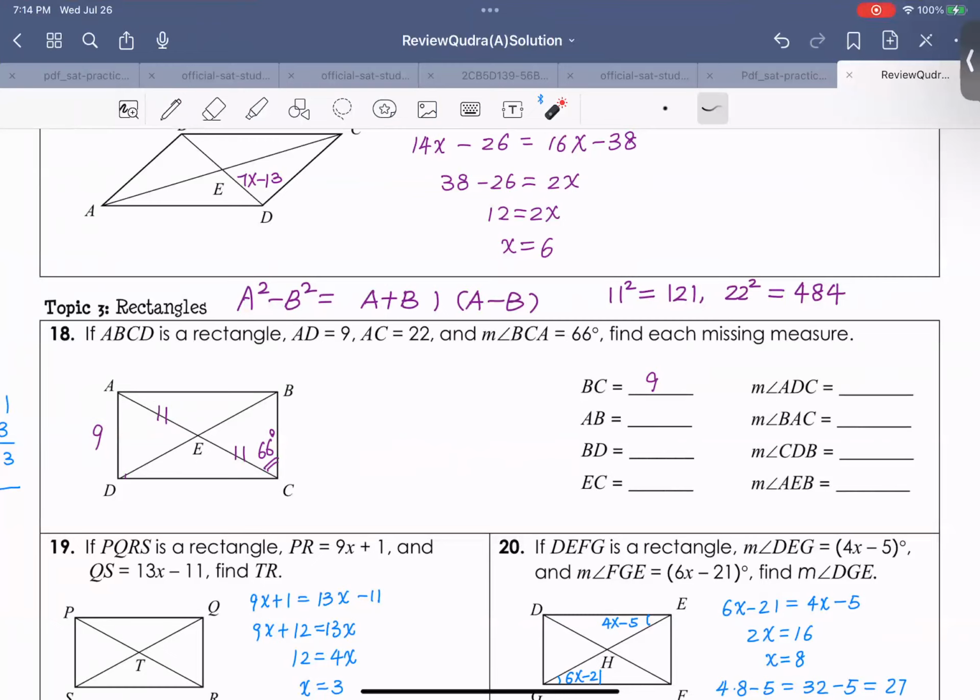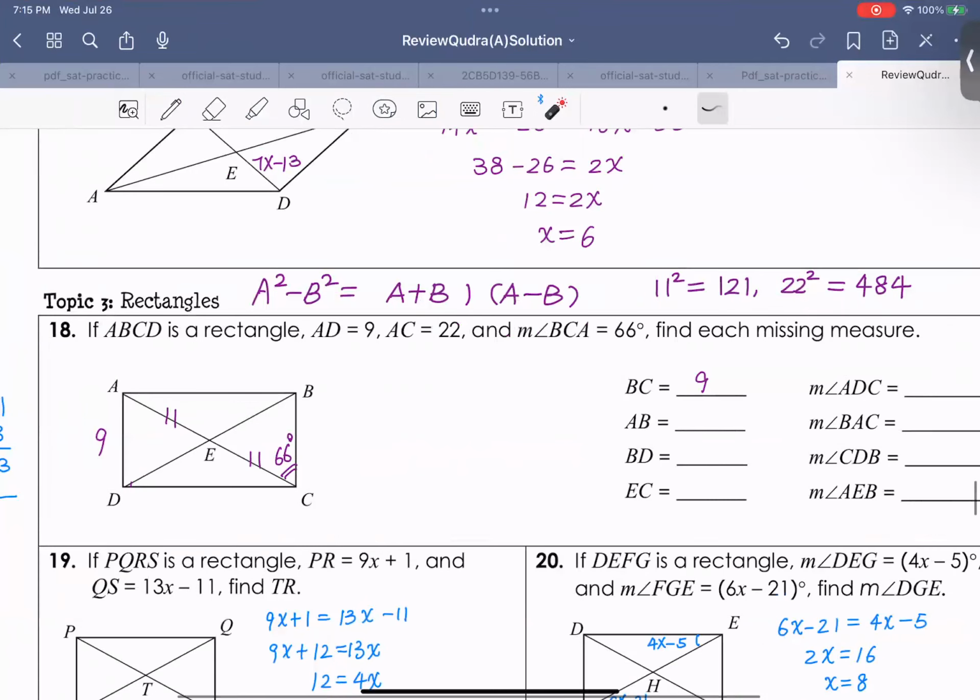This is 12. This is 11 double, which is 22, correct? You don't know AB, so you call AB as x. So x squared plus 9 squared equals to who? 11 squared equals 22.